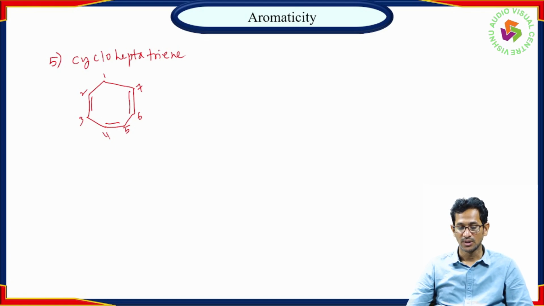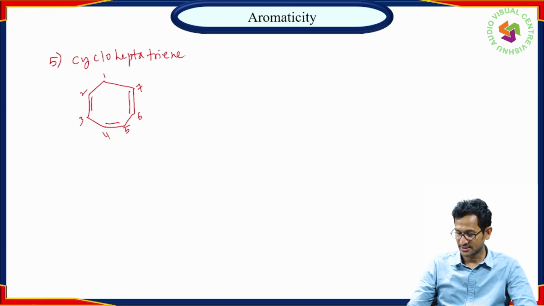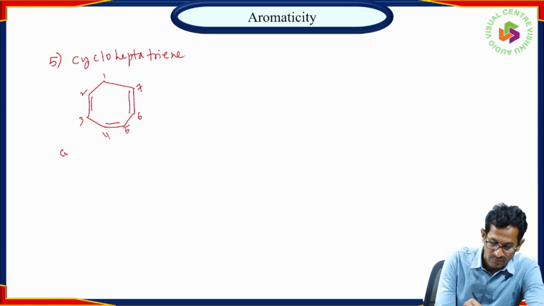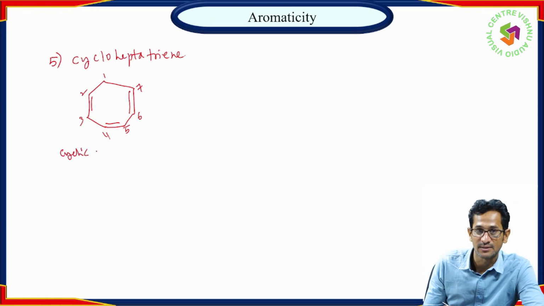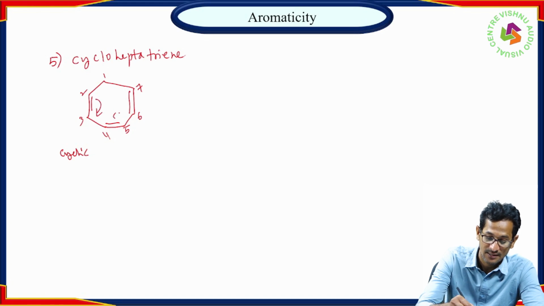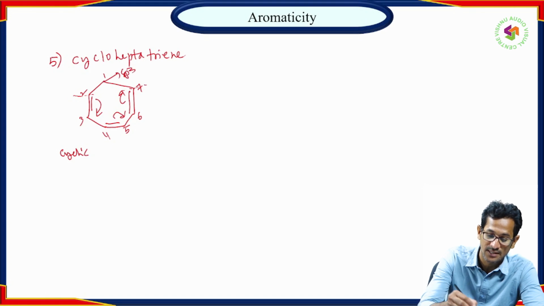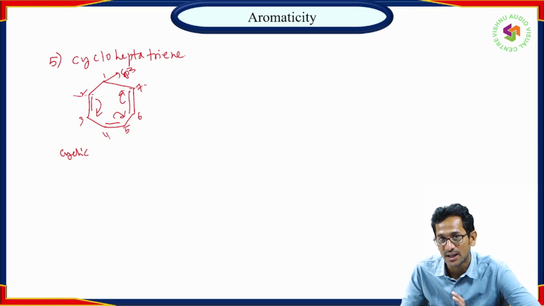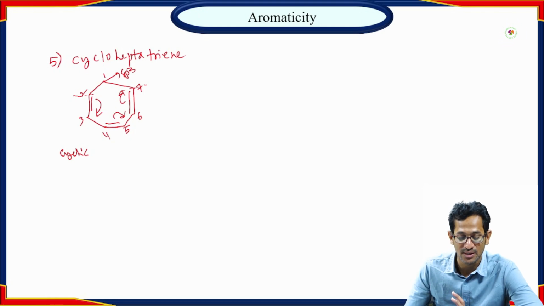Right? So we will look into the conditions. First one is cyclic, that is obvious. Then the conjugation. See here, conjugation starts at 2, ends at 7. The carbon 1 is not involved in the conjugation, and no conjugation means it is non-planar. So the carbon number 1 is out of plane.